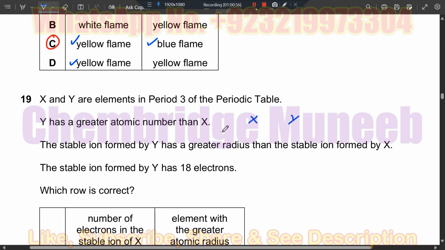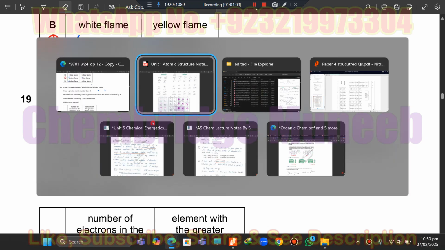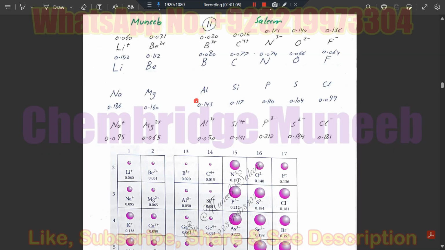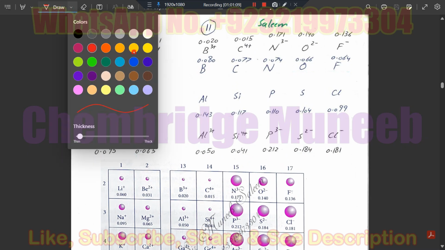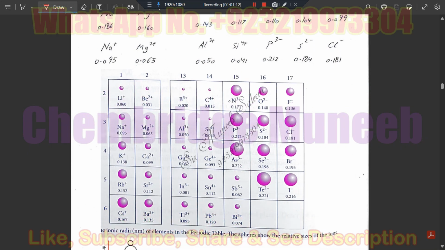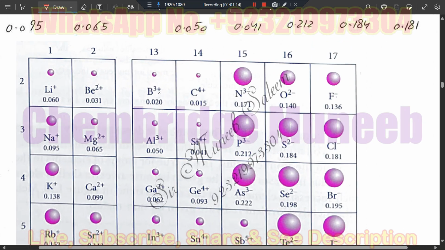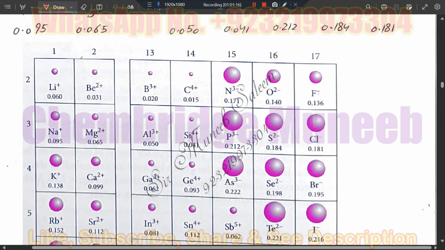So for this purpose, we have to look at the atomic radius of the ions. So I'm going to show my AS chemistry notes again. Here in this page of my AS chemistry notes, you can see that the formation of the ions have this change in the size. The cations are these ones. These are the cations and they are present on the same period.